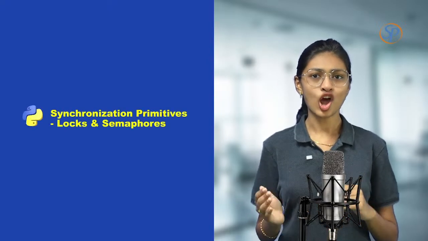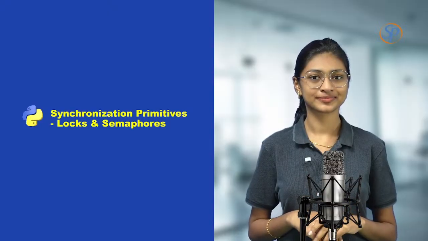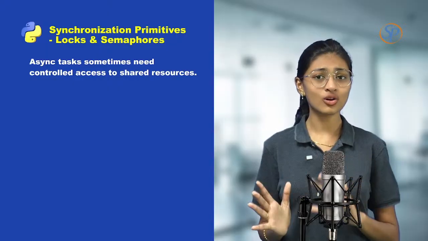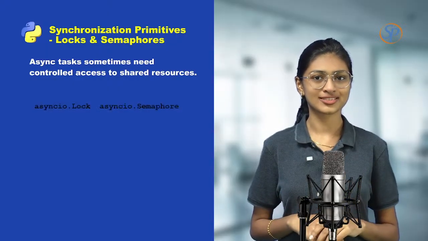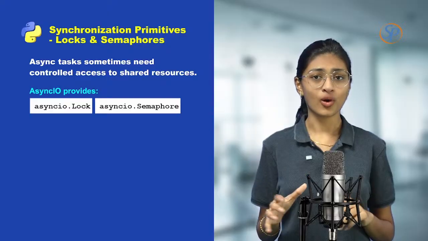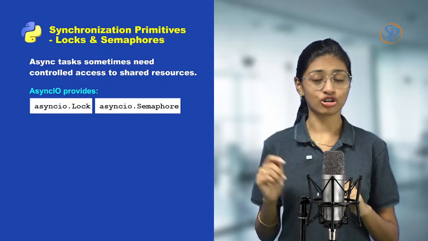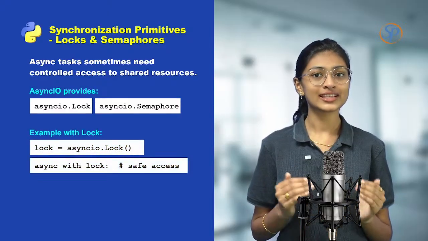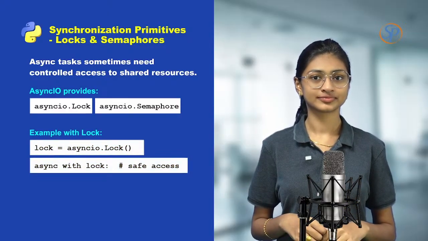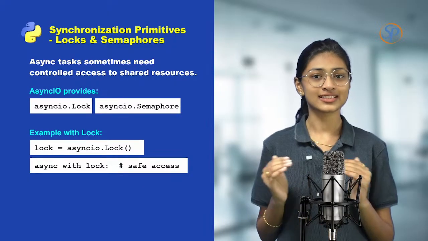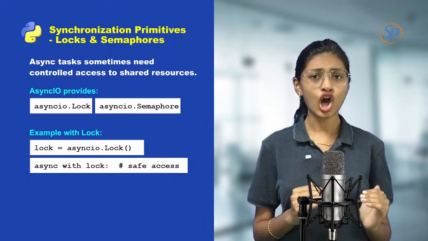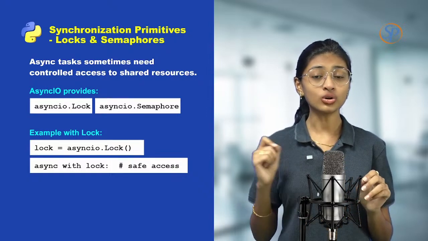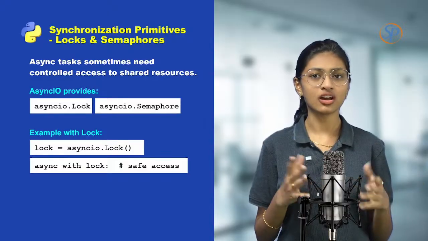Synchronization primitives: locks and semaphores. Async tasks sometimes need controlled access to shared resources. Asyncio provides asyncio.Lock and asyncio.Semaphore. Example with lock. It has safe access. Locks prevent race conditions, situations where two tasks modify the same data incorrectly.